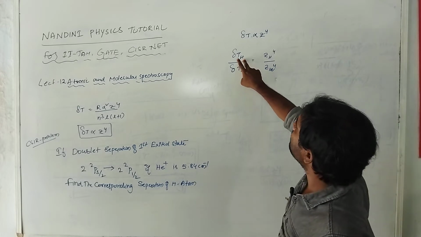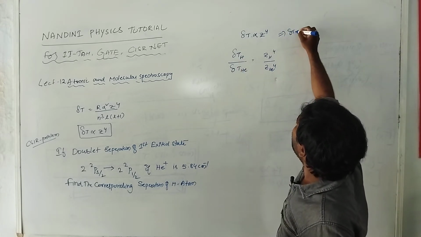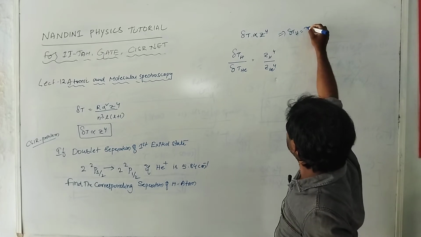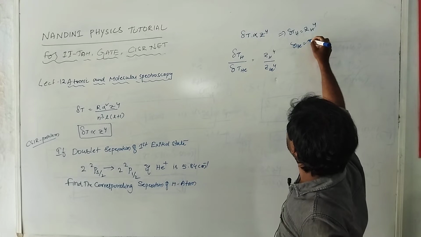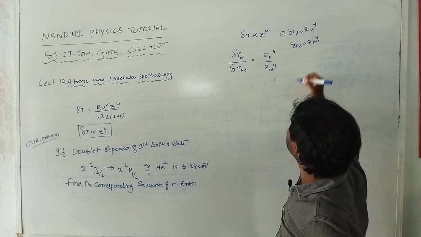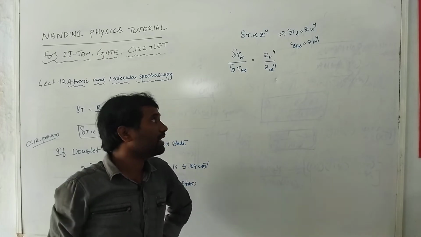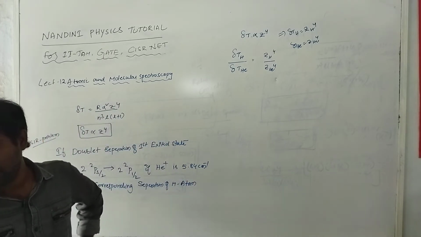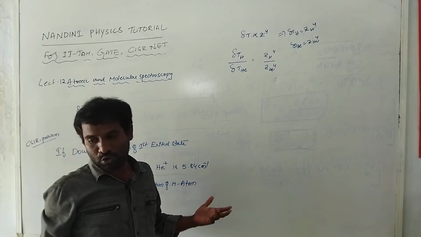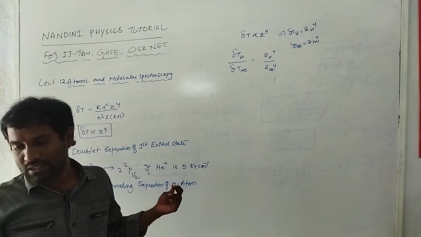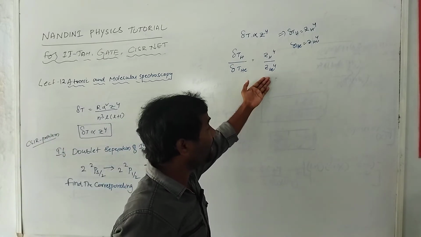So delta T hydrogen is Z of hydrogen to the power 4, and delta T helium is Z of helium to the power 4. What is the atomic number Z for hydrogen? That is 1. For helium it is 2.